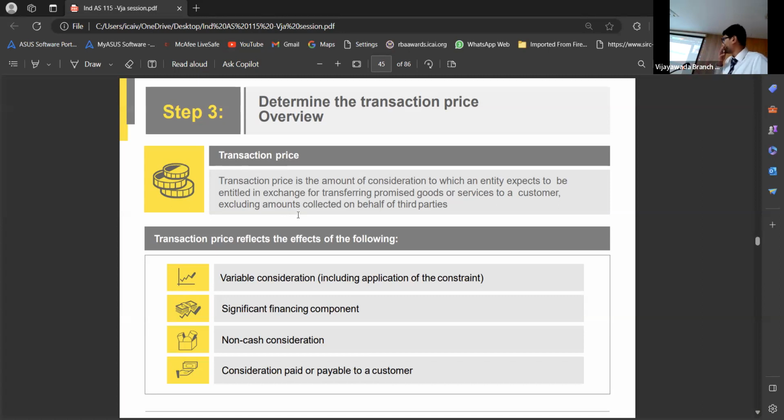Simple. Okay. Non-cash consideration. Not very complex. For example, if you are getting something from the customer in kind, determine the fair value of that particular item and adjust it to revenue. Non-cash consideration.